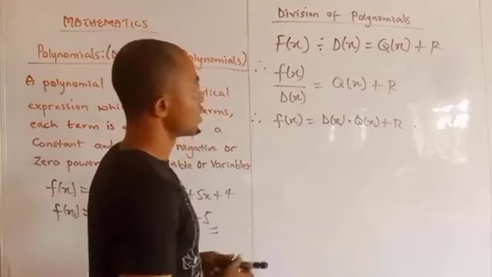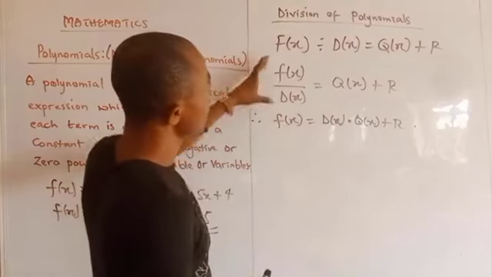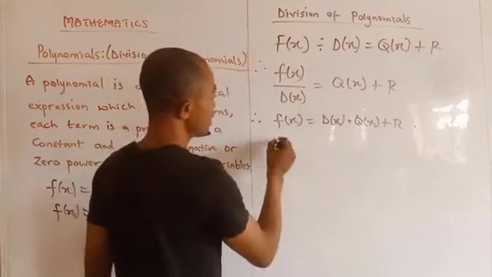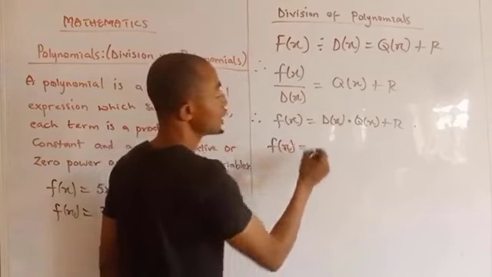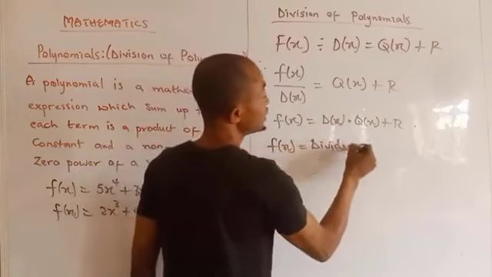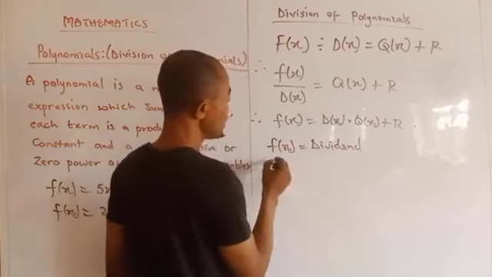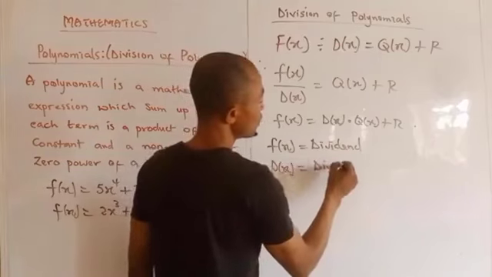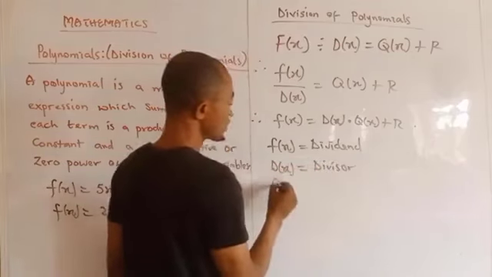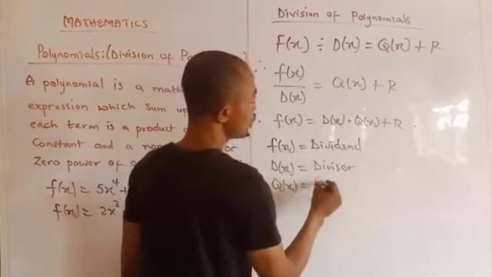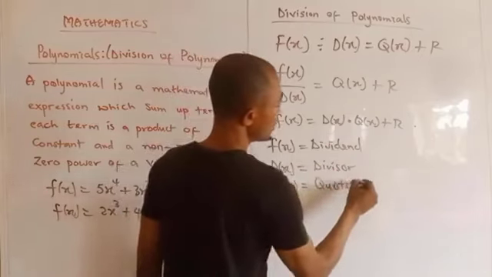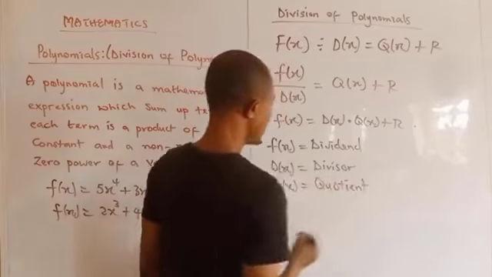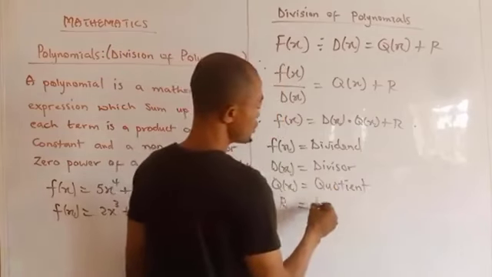Before that, let me explain what all this means. f of x is called the dividend, while d of x is called the divisor. Then q of x is called the quotient. Then your r is called the remainder.